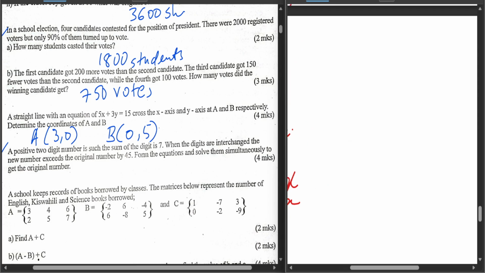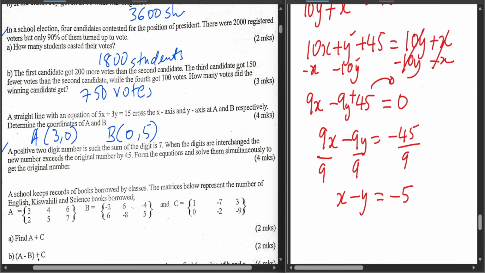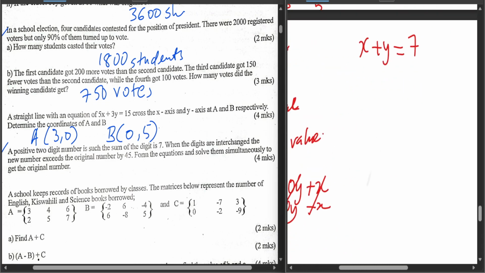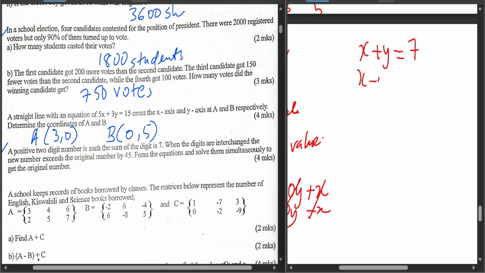Now let's take these two: x plus y equal to 7, and the other one x minus y equal to -5. We use simultaneous equations for such a question. So this is equation 1 and equation 2.